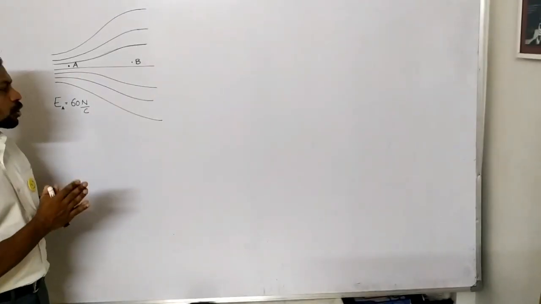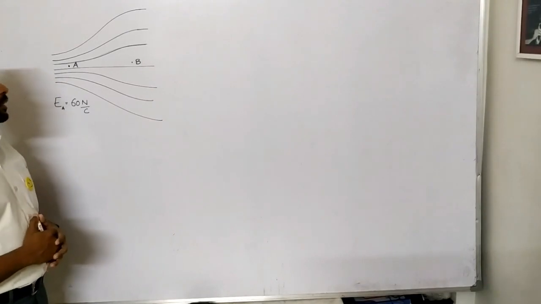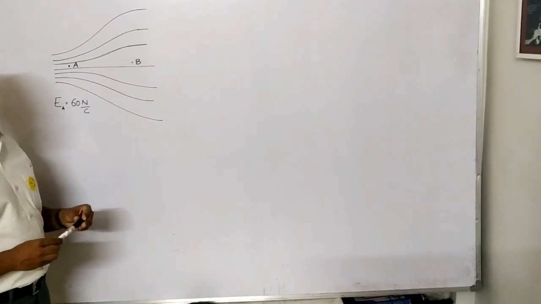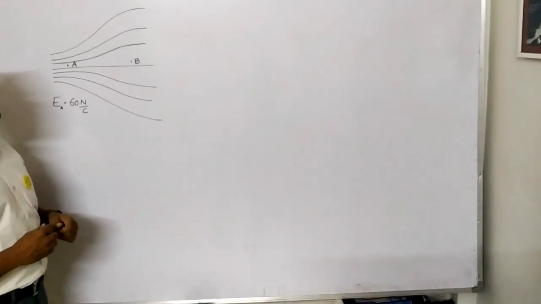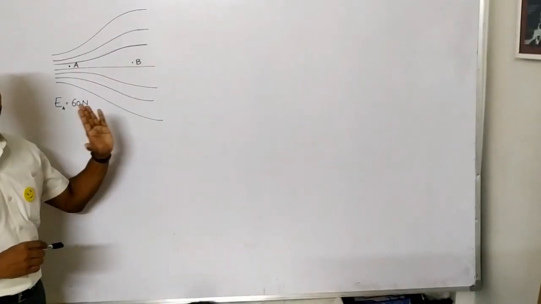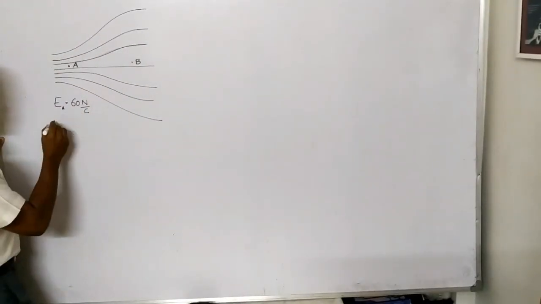So they asked us to find out two things. One is the electric field at point P, and they also asked us to find out the force experienced by a proton which is placed at point P. So let us first calculate the electric field at point P.